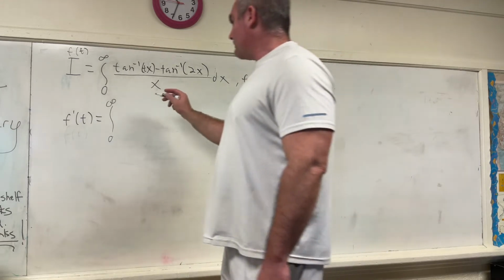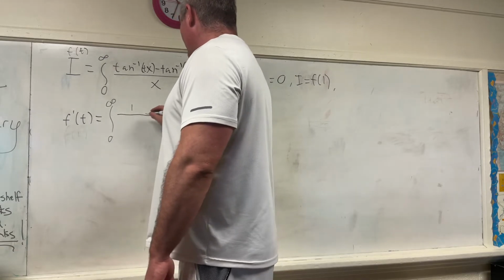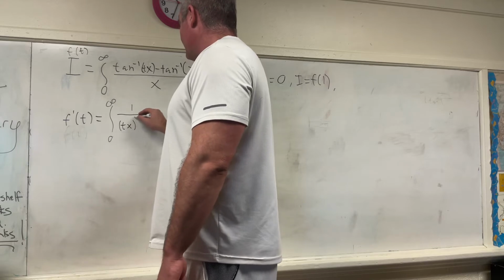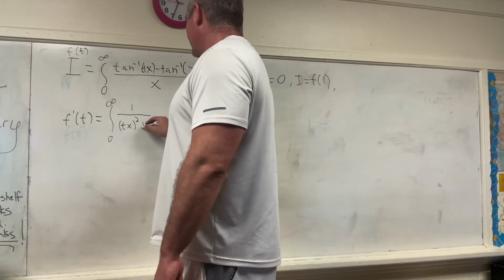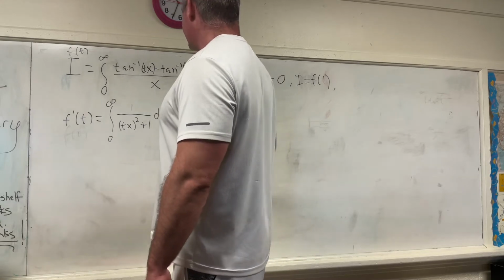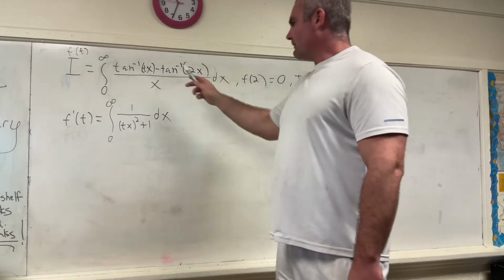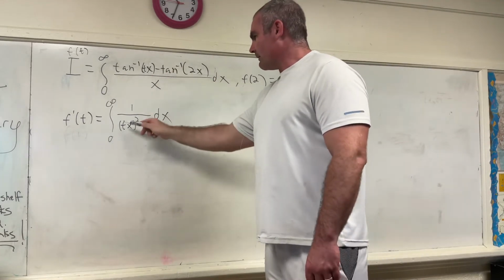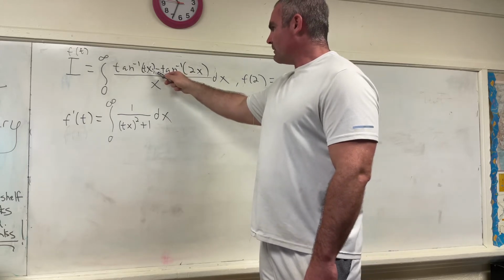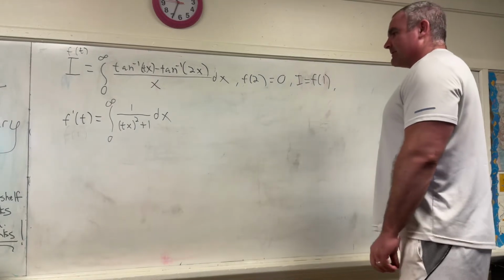So all we'll be left with is 1 over (tx) squared plus 1 dx, right? That's right, isn't it? That whole part will cancel out. Then you're left with 1 over this part squared plus 1 times the derivative with respect to t of tx, which will cancel out the x. Yeah, that's it. That's exactly what that is.